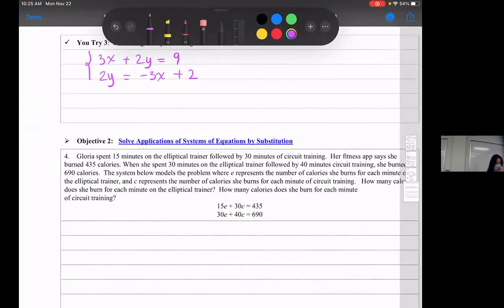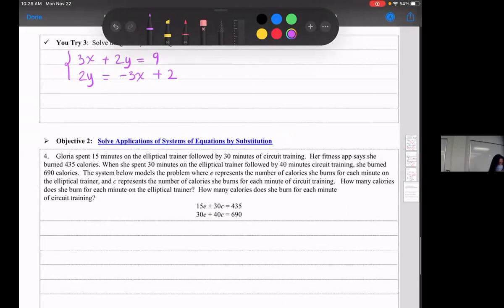All right, number 4. Gloria spent 15 minutes on an elliptical trainer followed by 30 minutes of circuit training. That's her first round. And by doing that, her app says that she burned 435 calories. On the second round, she spent 30 minutes on the elliptical trainer followed by 40 minutes of circuit training, and she burned 690 calories.